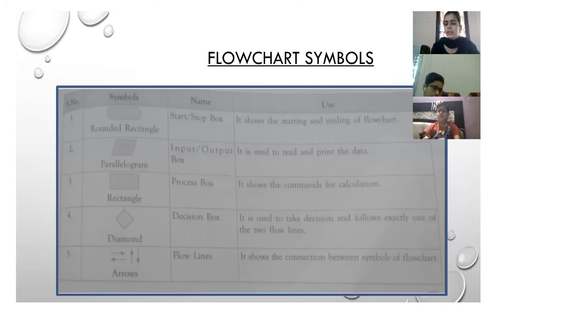Whenever we use different symbols in your flowchart, you must use flow lines. If you only draw the symbols and do not connect them with one another, there is no use of the flowchart. Connect your symbols with the help of the flow lines. Am I clear, everyone?